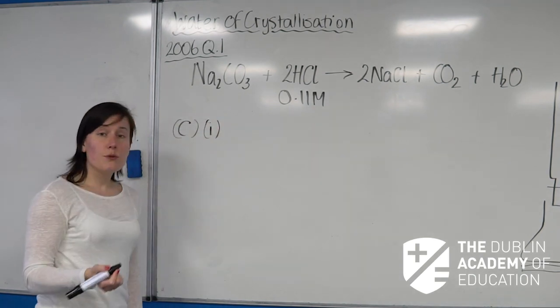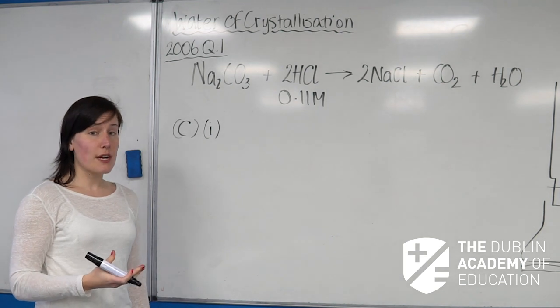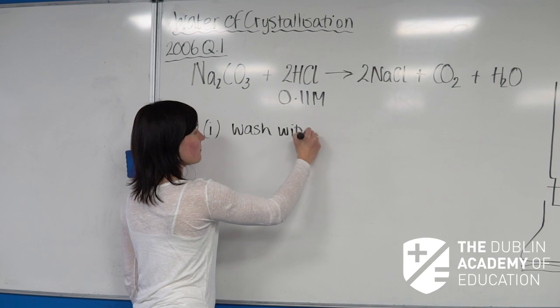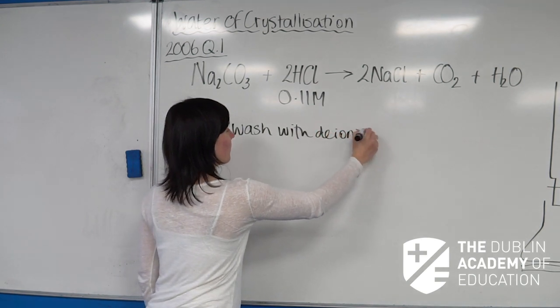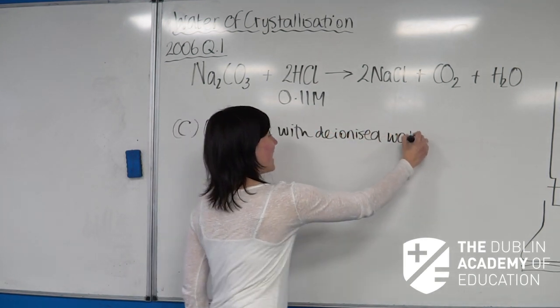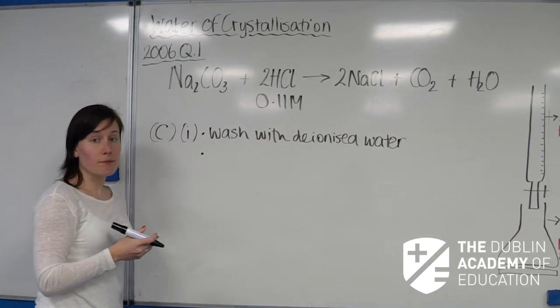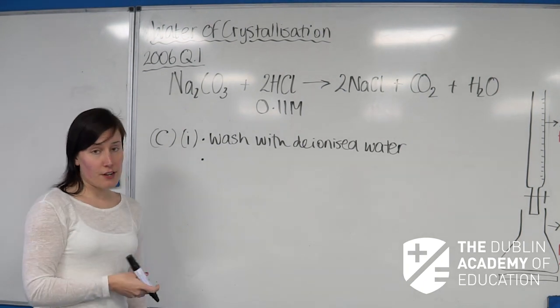So what do we need to do to prepare the burette for our titration? So the first thing we need to do with our burette is wash it thoroughly with deionized water. And then we rinse it out with the solution it will contain, which in this case is our hydrochloric acid.